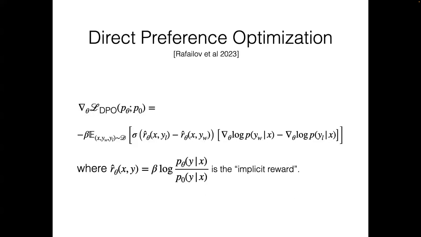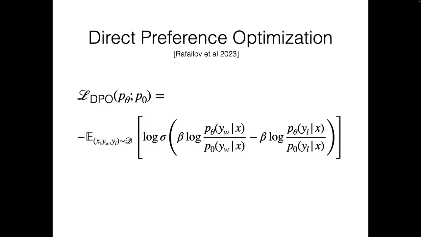So I will say that after the original DPO paper, people started creating different variations of this. For instance, they noticed that it's good to normalize by the length of the outputs. Additionally, they noticed that when you use this for reasoning tasks, it's good to add an additional next token prediction loss.